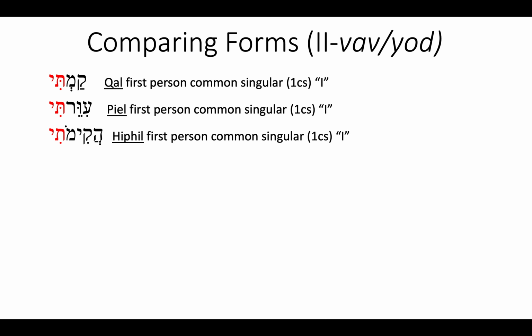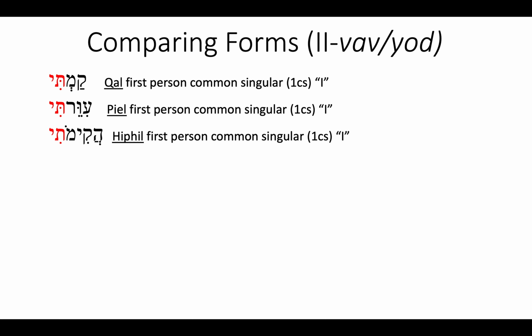And then the hifil, the middle vav, if there's a vav, or I guess if there's a yod, it's retained, but you end up from the same root, kof vav mem that we used in call, you have hakimoti, which is kind of wild. You get that O vowel there at the end. And you'll notice instead of he, we get a ha.